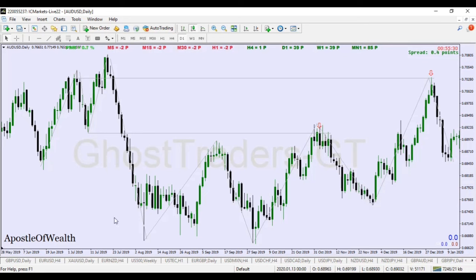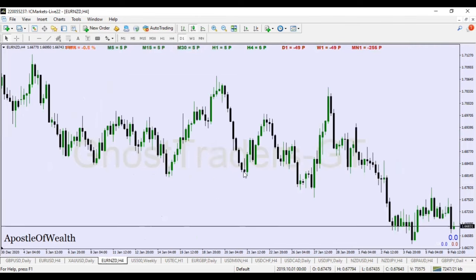So let's look at something else here that we might have. It's the same thing that we have here. We see that price has formed a structure here. This is a high, it went down, came back and took it. So it's a breaker.